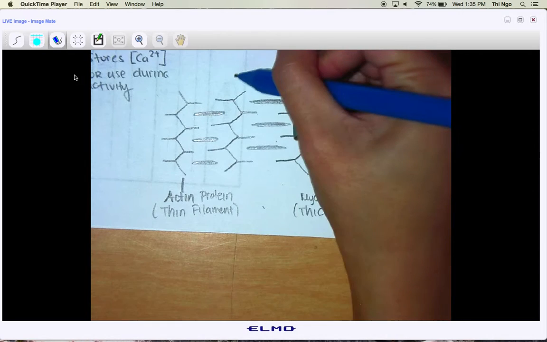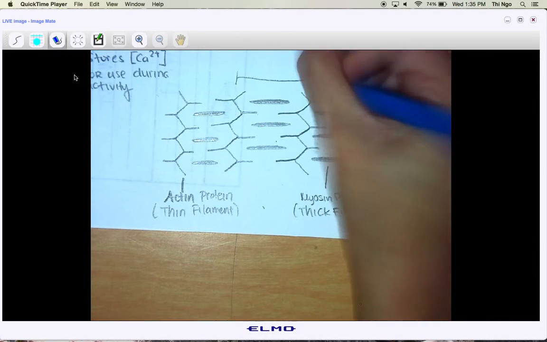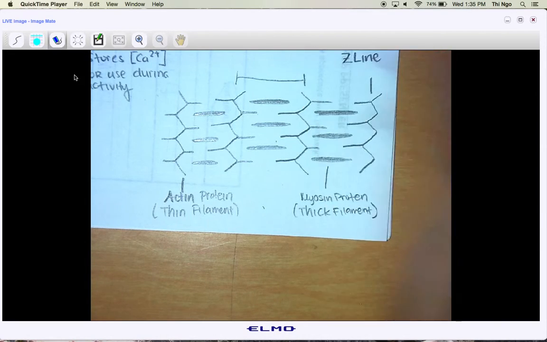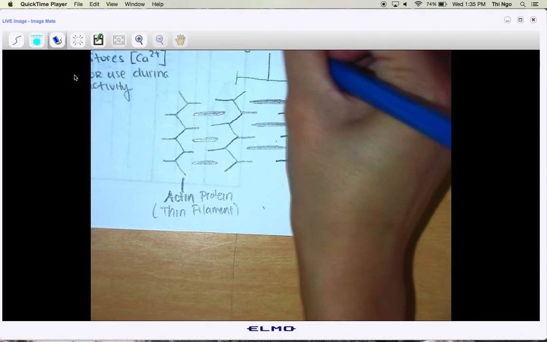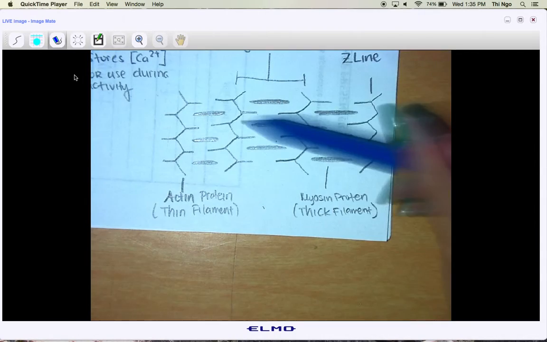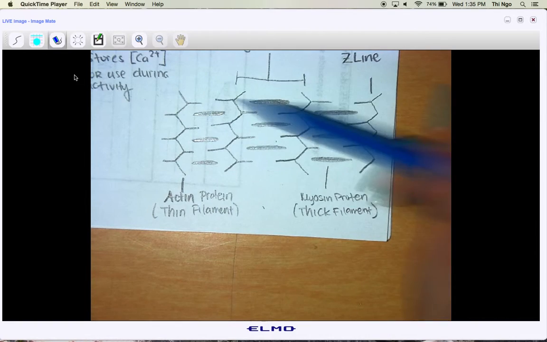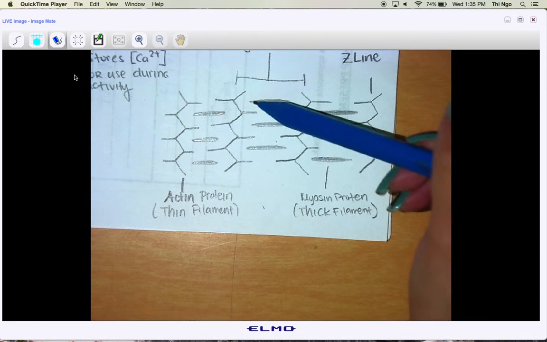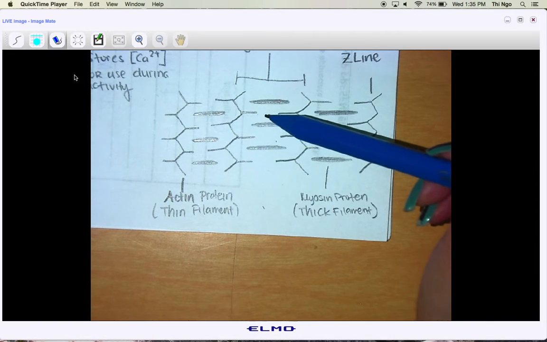When you have a Z line, a myosin protein, and another Z line, that's known as a sarcomere. And it's because of these two proteins, the actin and the myosin, that when you contract your muscle, it's these two proteins that are interacting.